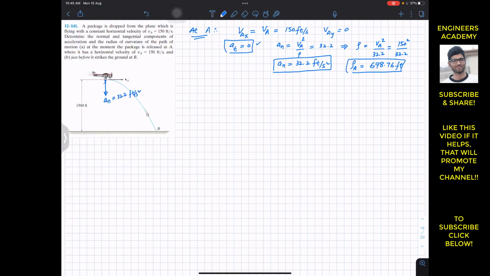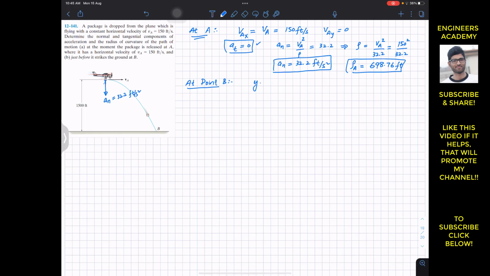Now for point B, to find the radius of curvature at point B, we need to have the path function.